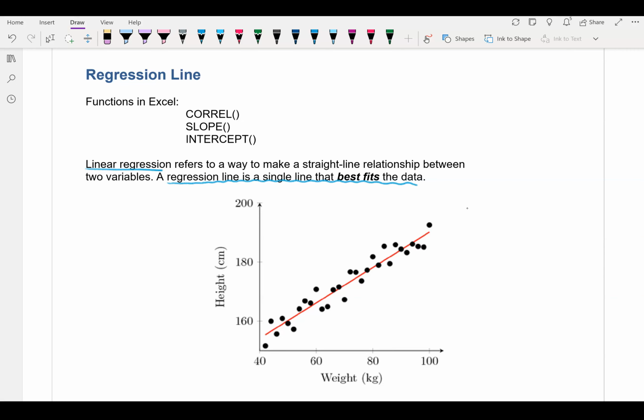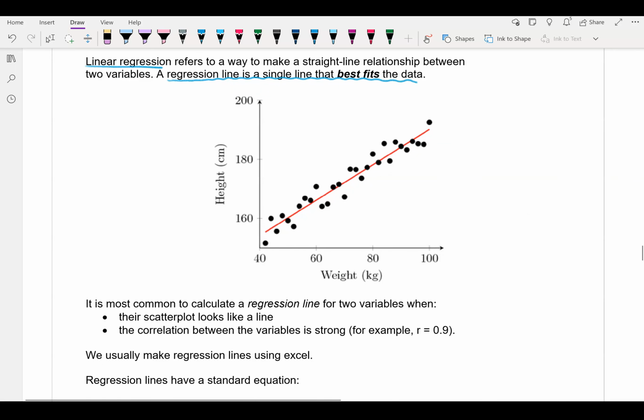So the idea here is that if we have two pieces of data, for example, weight and height of someone, and you plot them, and you see that there's possibly a relationship there, a correlation, then you're going to want to go ahead and work on that line, that best fit line, to see how strong the relationship is.